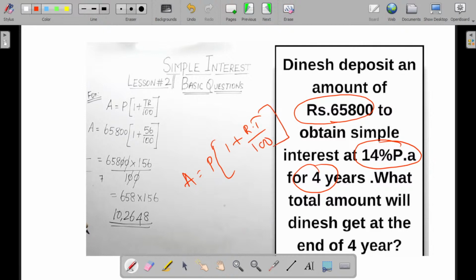So they have given all the three parameters. So you can calculate the A, that is total amount. So what is the total amount that Dinesh will get at the end of the 4 years? Okay. So that is this much. Next.